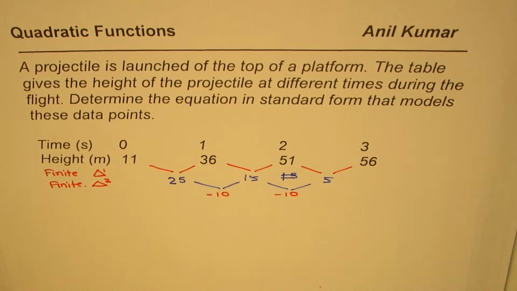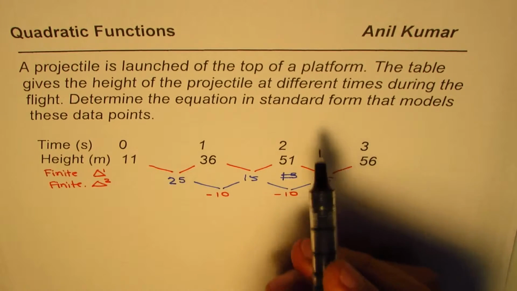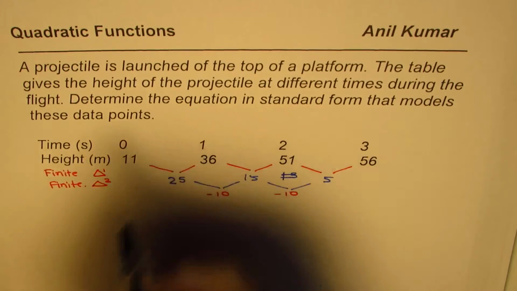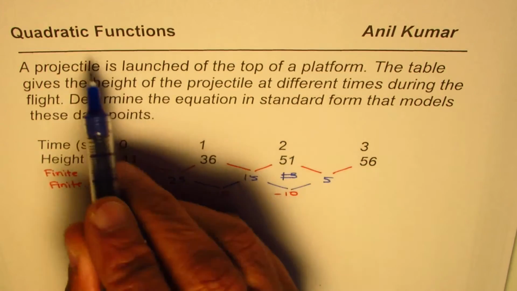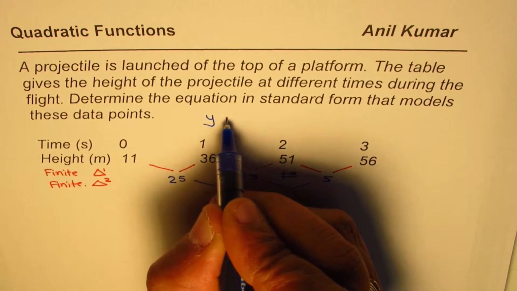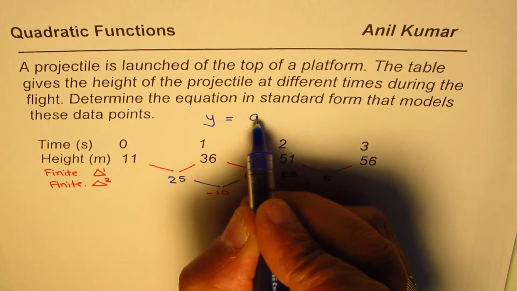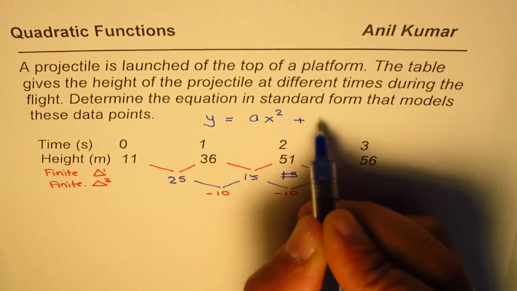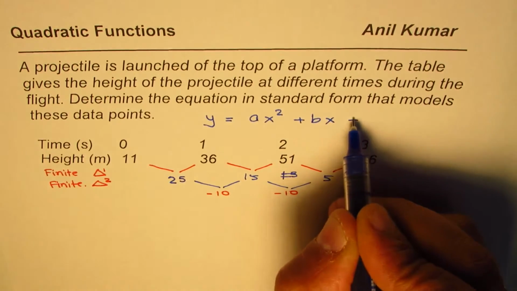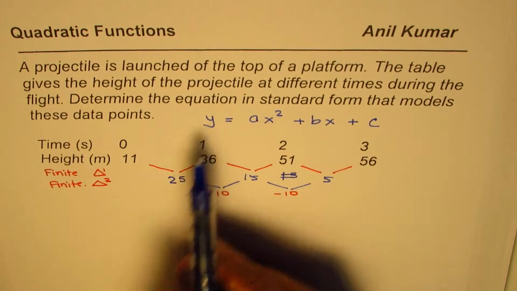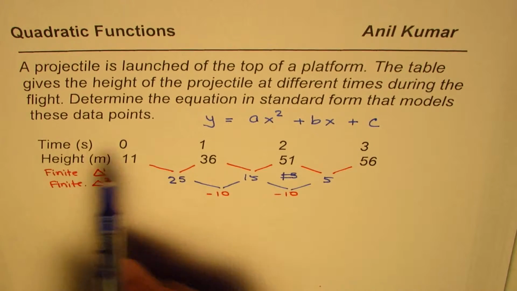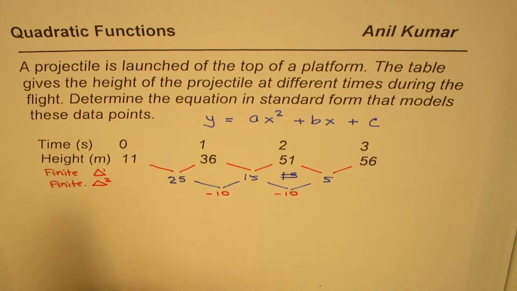Now, when we say writing the equation in standard form, what are we saying? We want to write the equation as y equals ax squared plus bx plus c. Is that okay? In our case, y is the height in meters and x, the variable, is time in seconds.